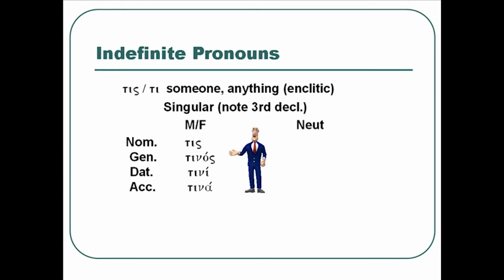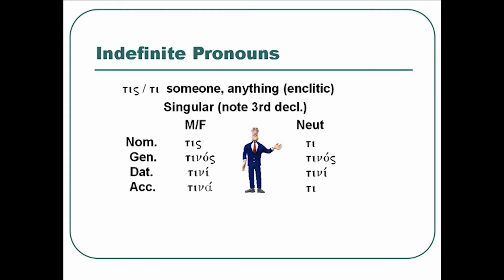Now the placement of the accent is going to be really important with these. That's for the masculine and feminine. The neuter form is ti, tinos, tini, ti. And so you see the genitive and dative are exactly the same in the masculine, feminine, and neuter forms, and the t in the nominative and accusative matches in the neuter as we're used to.